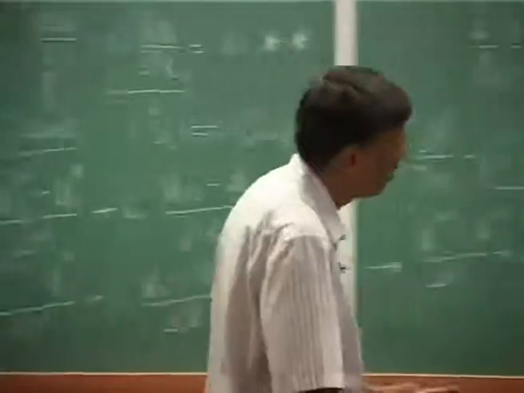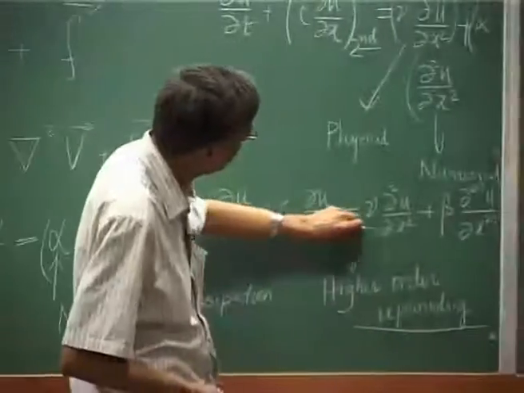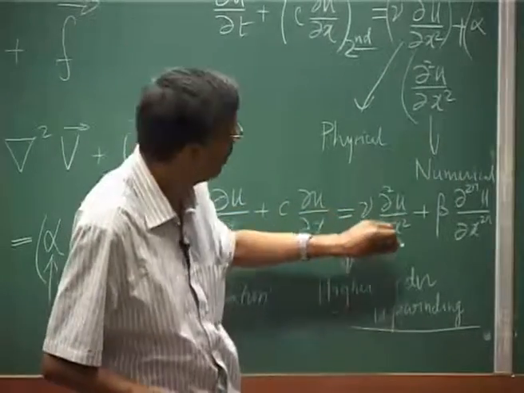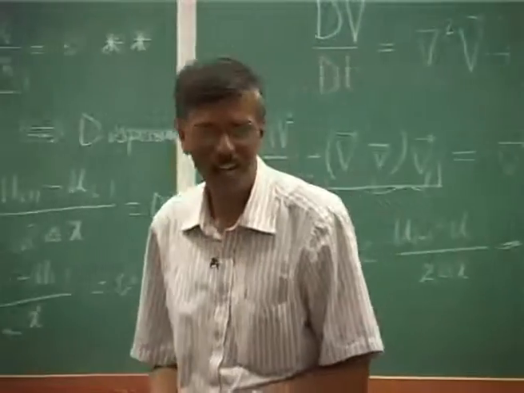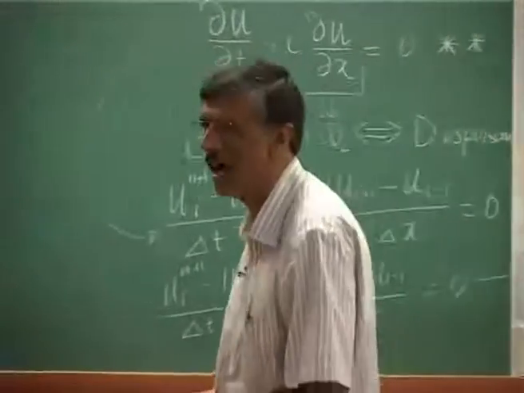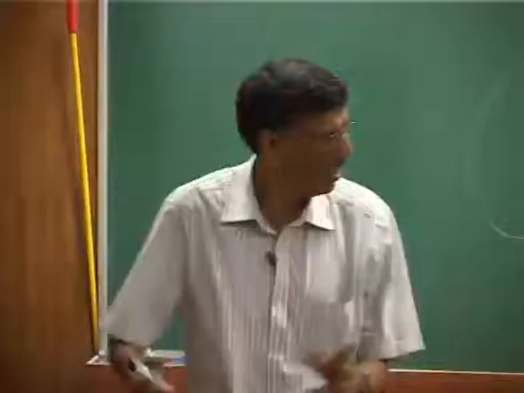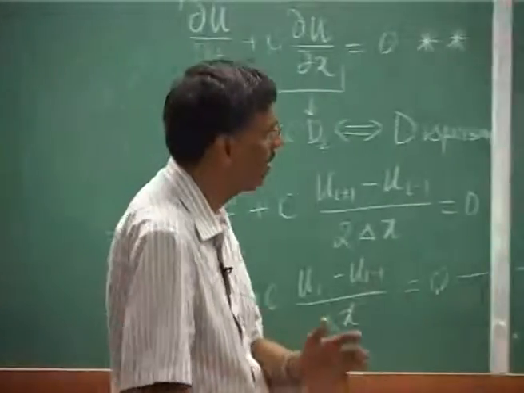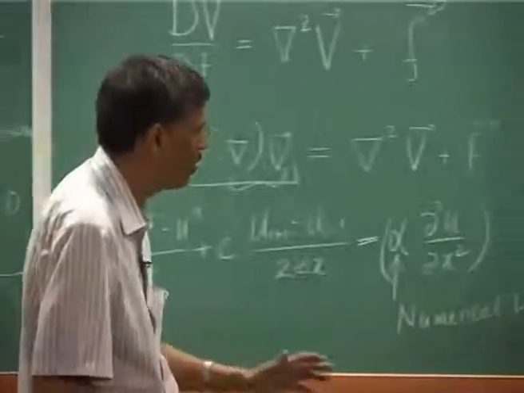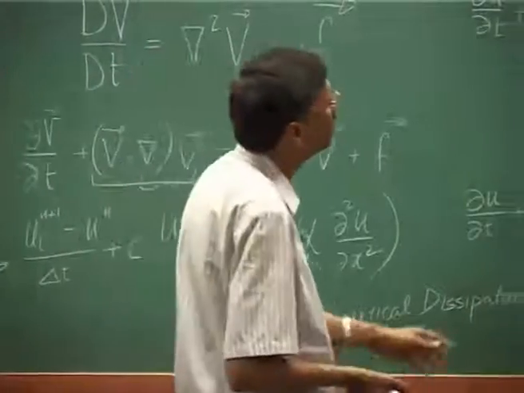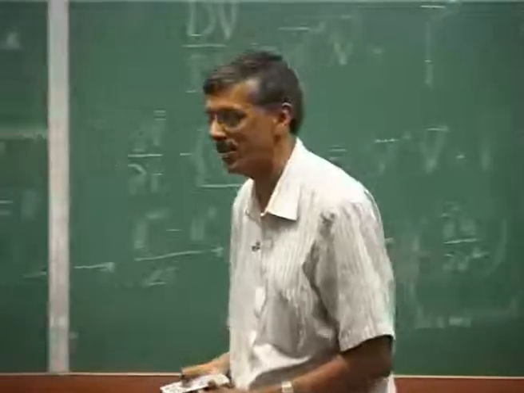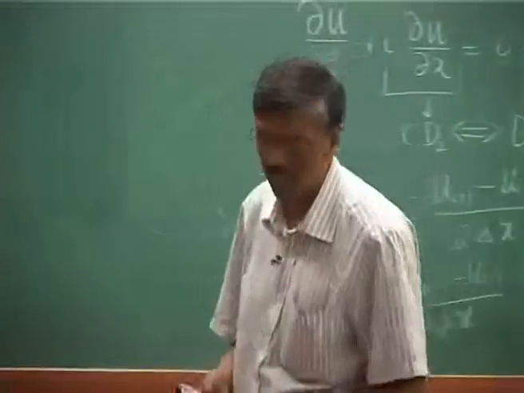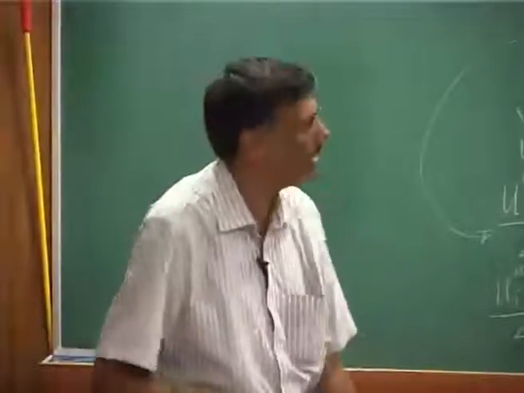So, if this is your viscosity type of term, since you are doing it with a higher order derivative, you call it a hyper viscosity term. So, it's something you got to get used to the idea that there are no computing methods which will perhaps work without some bit of upwinding. So, that's something that we want to do.